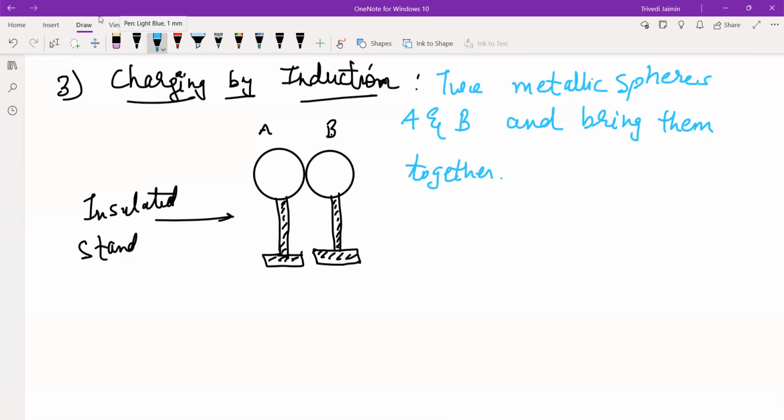This is a metallic sphere. We didn't say it's a charged sphere. We said two metallic spheres.